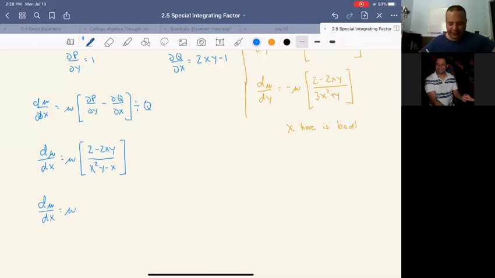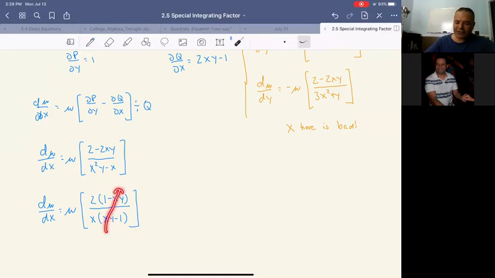So d mu dx equals mu times, let's factor out a 2, and we get 1 minus xy, and if we factor out an x, we get xy minus 1. And look at that, the y magically factors away. We weren't going to get that happening over here.